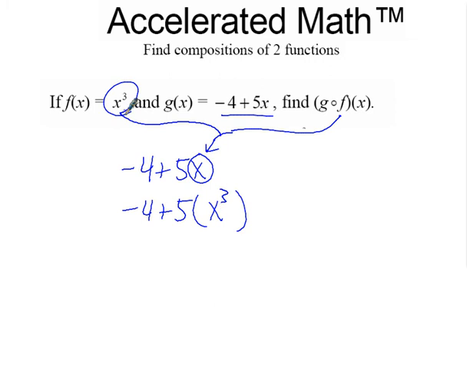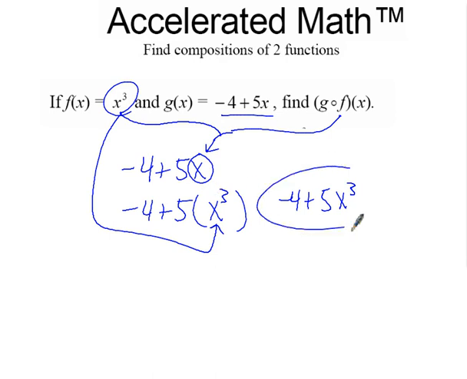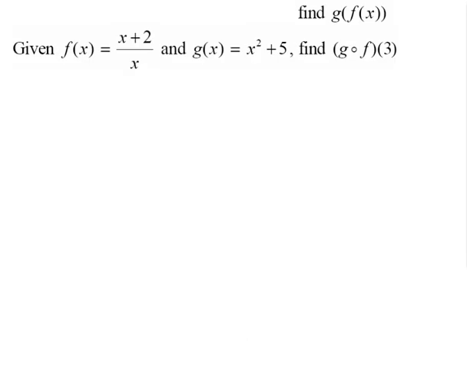It's really, guys, just substitution, just putting the x cubed, or the function f, in for the x in g of x. It just sounds confusing. Alright, negative 4 plus 5, and that x cubed has no reason to have parentheses around it because there's nothing else being done in there. That's your answer. Confusing, strange looking, but not the end of the world.